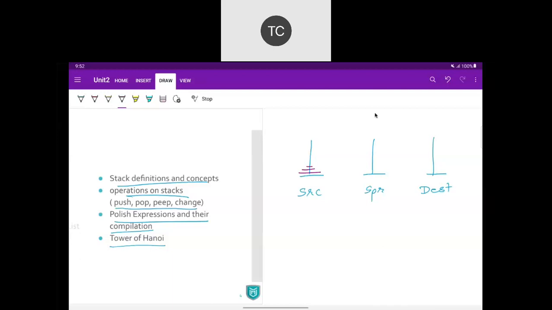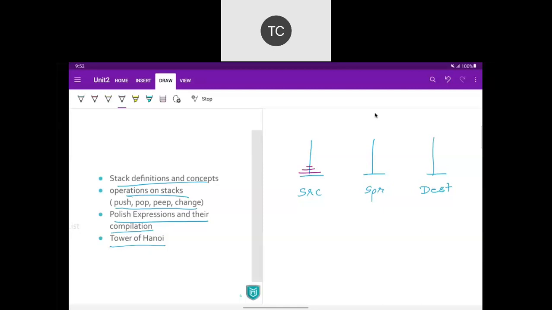Now come the constraints, the rules of this game. At a time you can transfer only one disk. The second point is that a smaller disk can be put on a larger disk only.